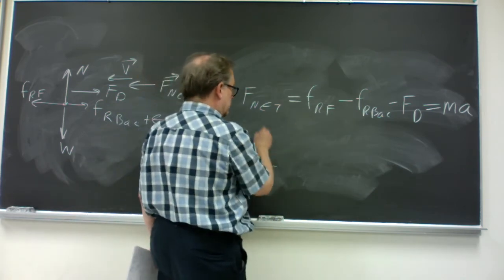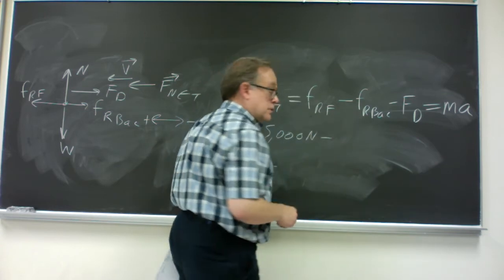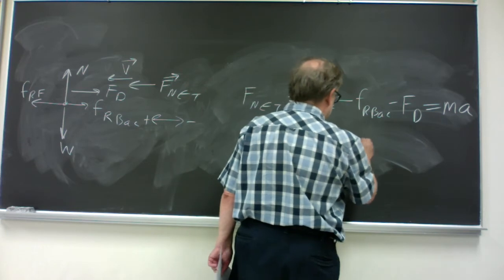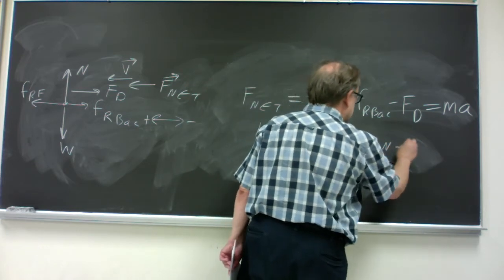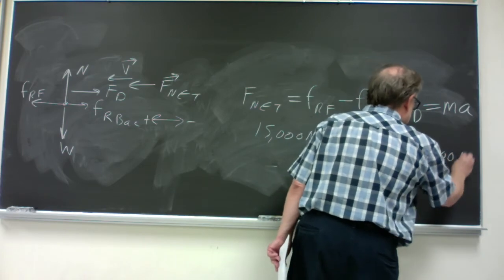The rolling friction was 15,000 newtons. The forward rolling friction. The backwards rolling friction was at a magnitude of 2,000 newtons. And then the drag force at a magnitude of 10,000 newtons.